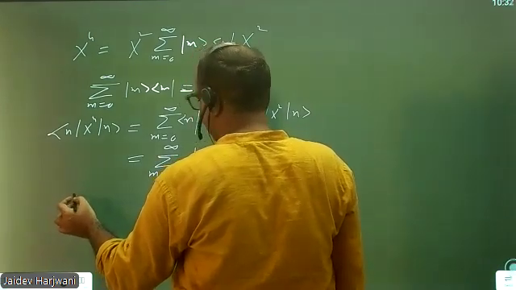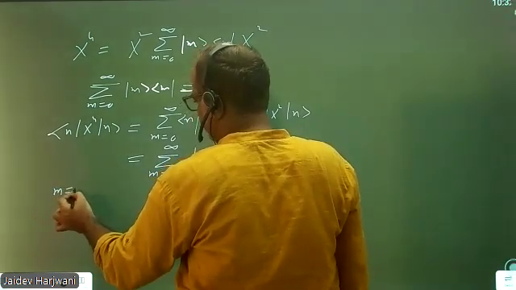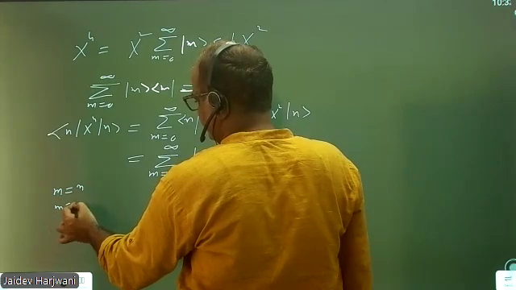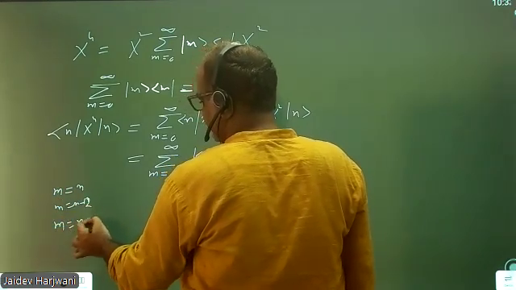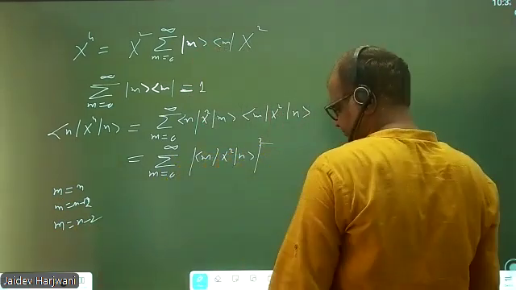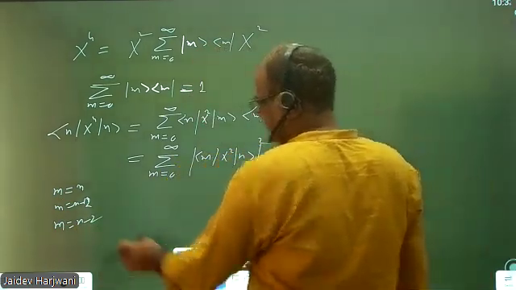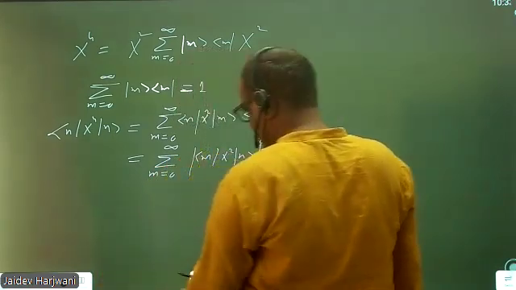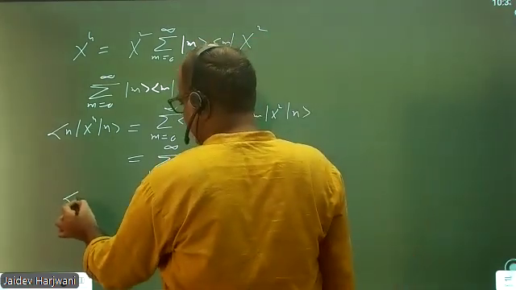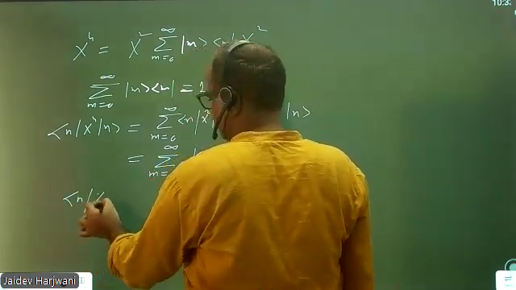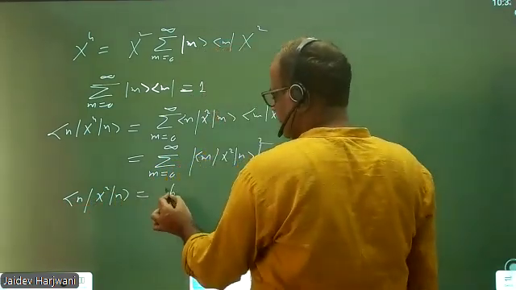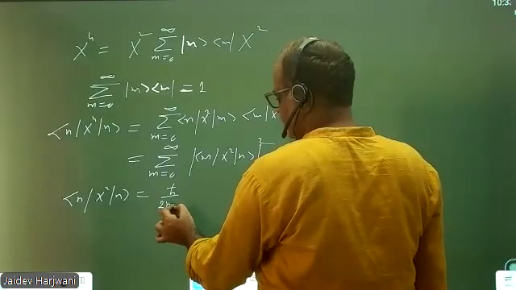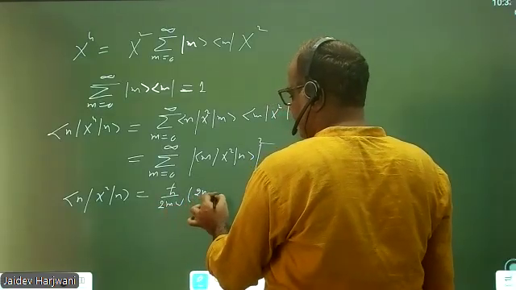So I only need to calculate for m equal to n, m equal to n plus 2, and m equal to n minus 2. So let us calculate these expressions. First, ⟨n|x²|n⟩, which we have already calculated. It was ħ upon 2mω times (2n plus 1).